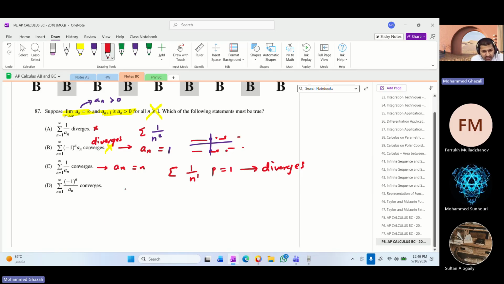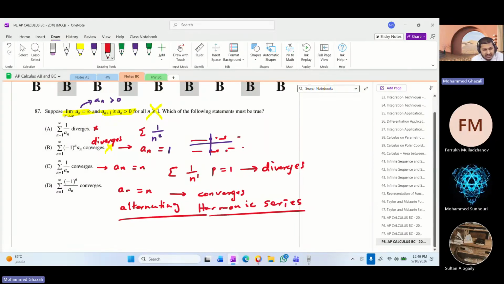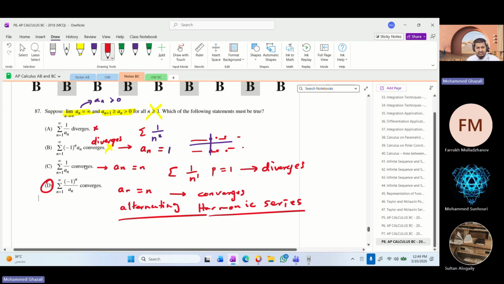So we can choose a_n to be equal to n here as well, and this converges because it's alternating. Remember this, very important: the alternating harmonic series always converges. It's very handy to remember. Okay, so we'll go with D. Are we good? Because I've provided counterexamples to prove this.